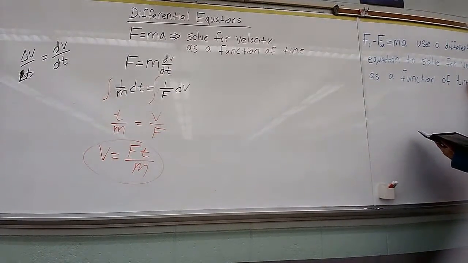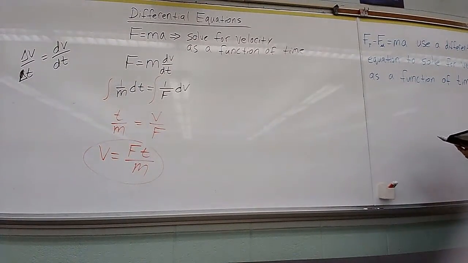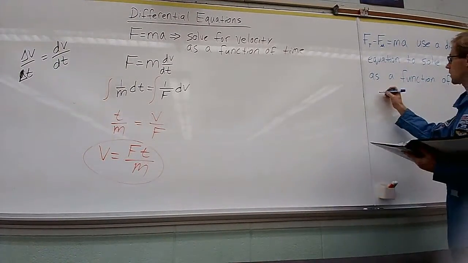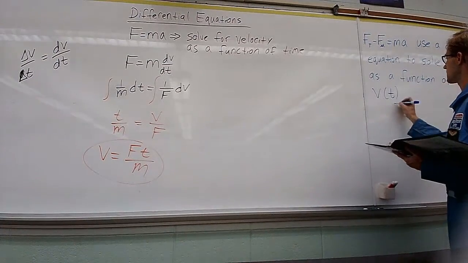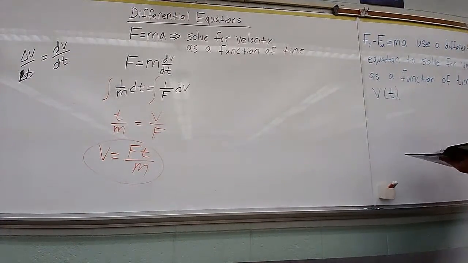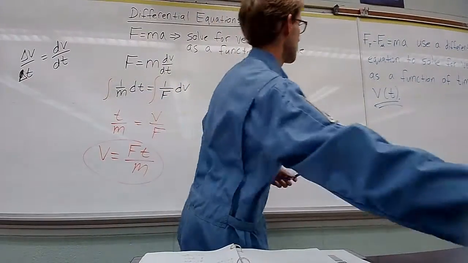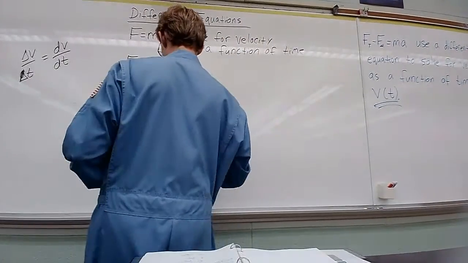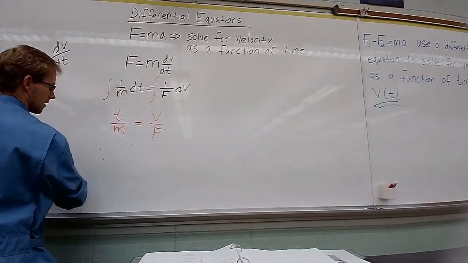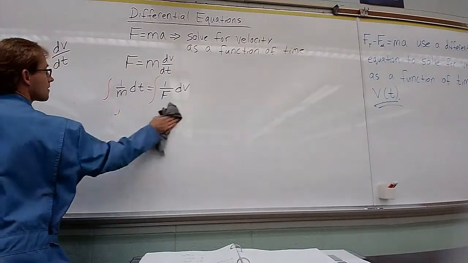One of the other things they can throw in as a wrinkle is they can say, solve it for velocity as a function of time, but we want you to write it in terms of this. If they specifically say they want it in that form, it's the same procedure, you just change some minor things at the end.